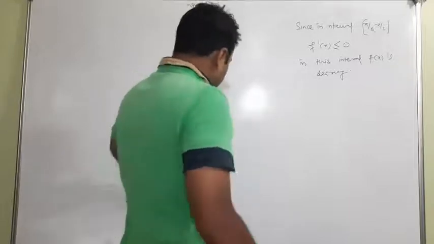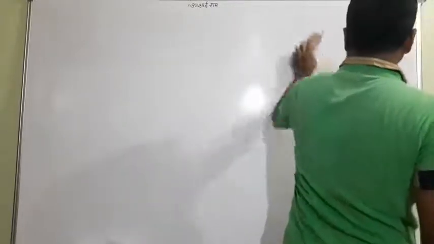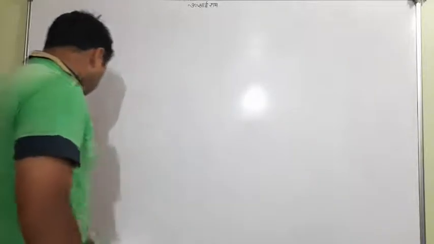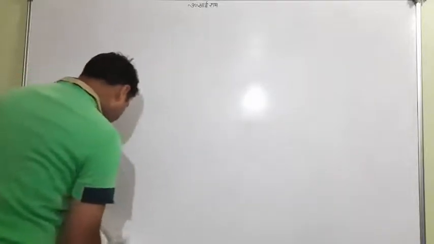Look at the next example, which is almost similar, but it is important to tell you because the question is very important as far as the exam is concerned. Example number 13.